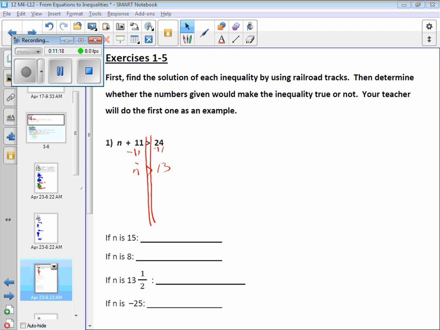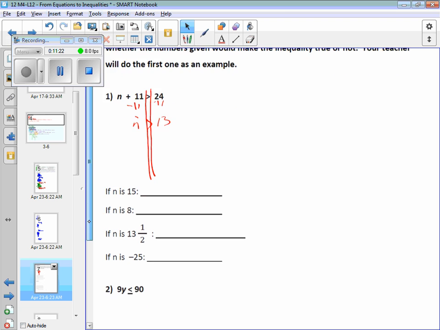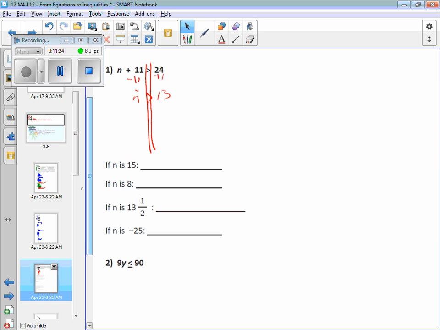Now the way this differs from the examples is they give you the rational numbers, and you have to tell me whether it's true or not if we substitute that in for n. If n is 15, is the statement true? Yep, because 15 is greater than 13. I'm writing yes. If you want to put true, you can.